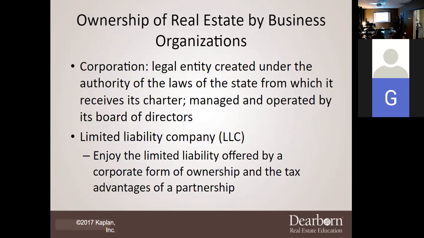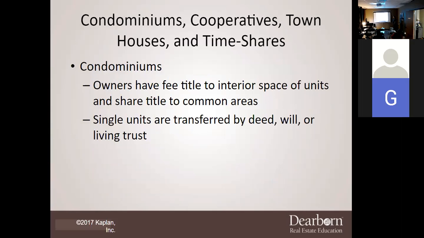So you get to enjoy the limited liability that's offered by a corporation, but you also get the tax advantages of a partnership. So in an LLC, I don't have to pay taxes for my LLC and for myself. My taxes come to me as an individual, and I pay taxes at my personal tax rate versus paying them at the corporate tax rate. Does that make sense? Okay.